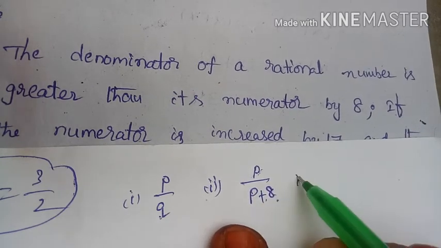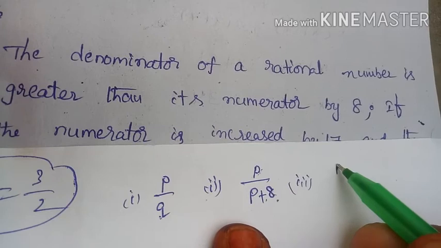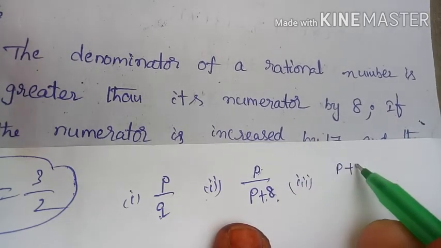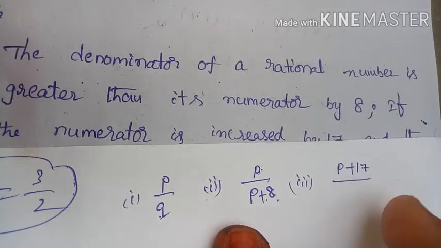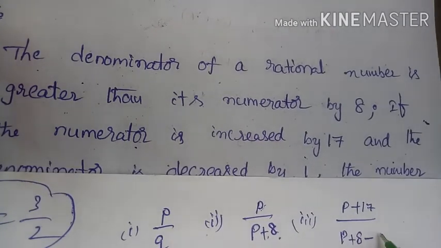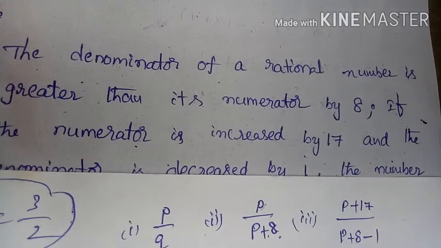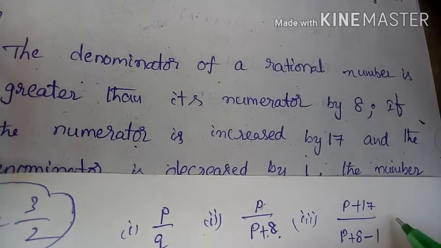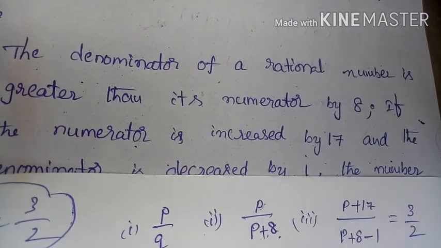Then third condition is if the numerator is increased by 17, the denominator is decreased by 1. So these three conditions, and the fourth condition is it obtained 3 by 2.